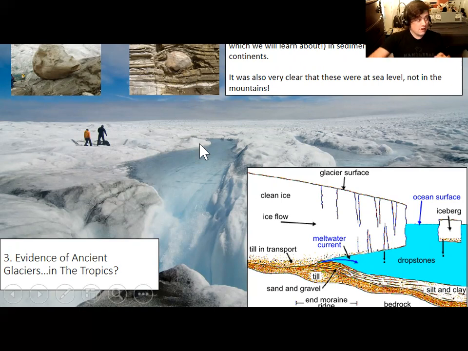That's from when glaciers reach sea level, as they do in Antarctica, and large rocks that have been plucked by the glacier get carried out to sea and then dropped as the glaciers start to melt out in the ocean. So they found these drop stones in places like China and Brazil and all over Africa and in India.